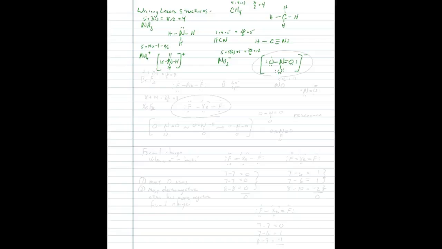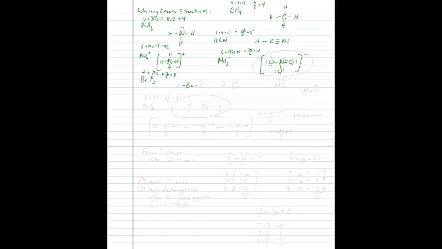There are exceptions to the 8 is great. Hydrogen is 2. Beryllium chloride: beryllium has 2 valence electrons, plus 7 times 2 is 14, 16 divided by 2 is 8. Beryllium is a very small atom.